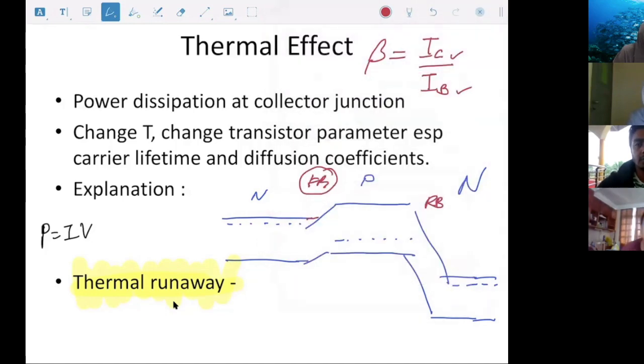The lifetime of a free carrier will normally increase due to re-excitation from recombination centers. Now we're talking about a BJT with defects. So we have a BJT over here, maybe with a trap center over here.